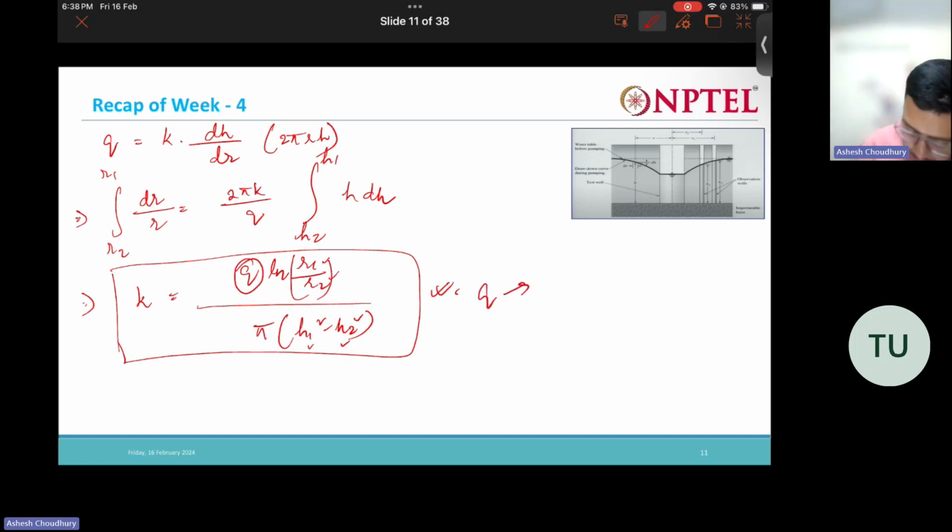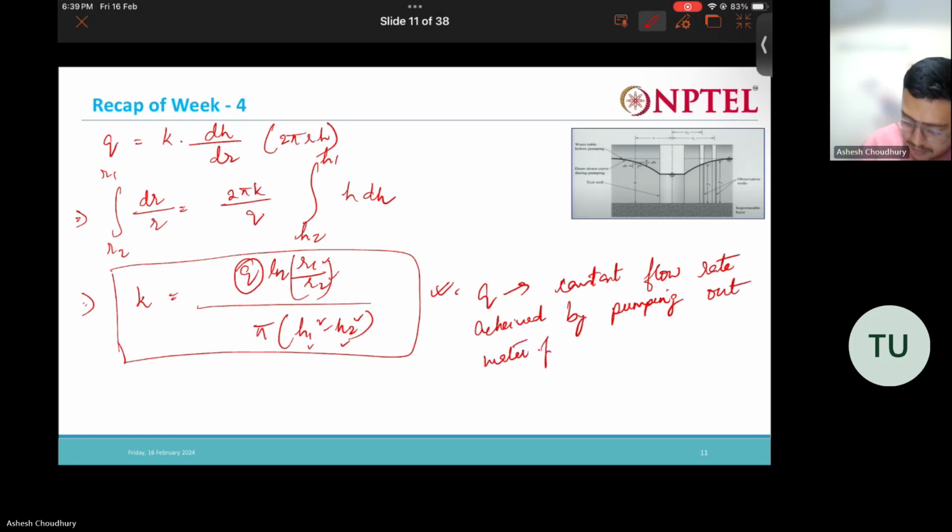This q is the constant flow rate achieved by pumping out water from the test well. That is the steady state.